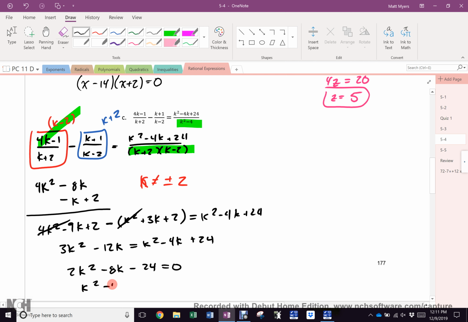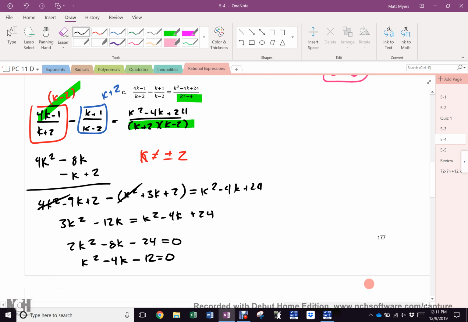So it's k squared minus 4k minus what? Can I factor that? K. What are my k values?